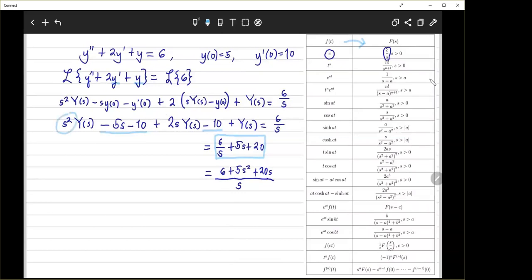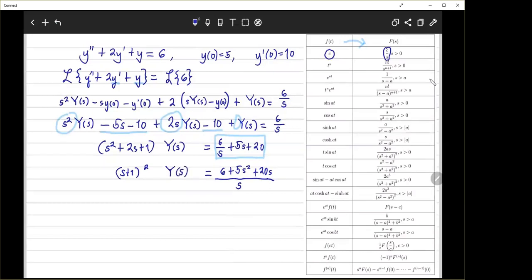So those are s squared, 2s, and 1. So I have s squared plus 2s plus 1 quantity y of s. Now s squared plus 2s plus 1 factors into s plus 1 quantity squared.